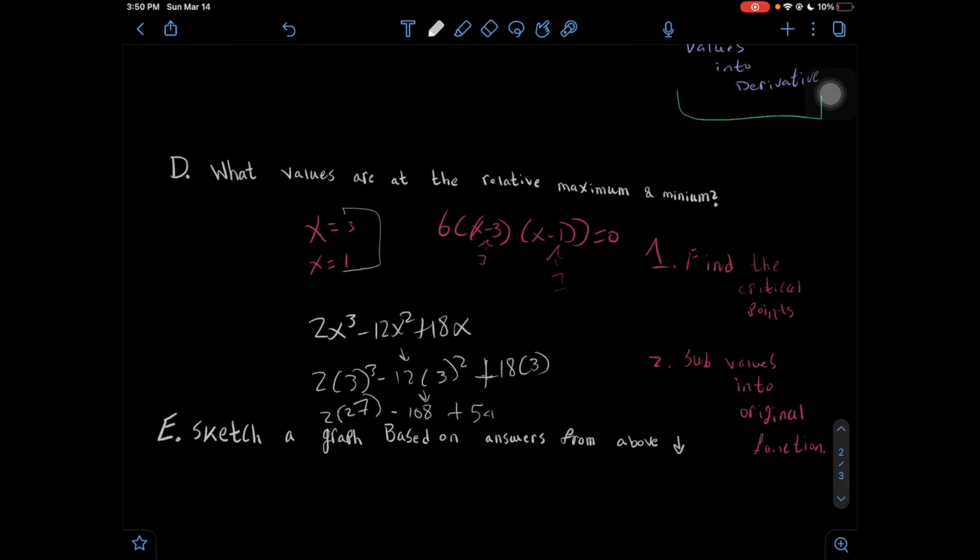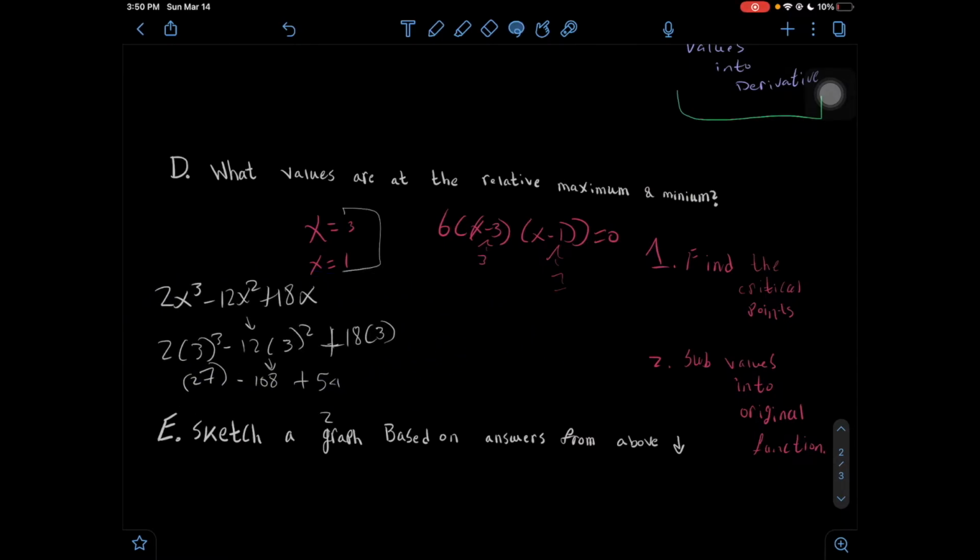So 2 times 27 is 54, so 54 minus 108 plus 54. And then we can do 54 minus 108, which is just negative 54 plus 54, which gives us 0.